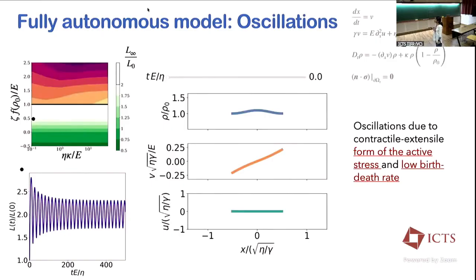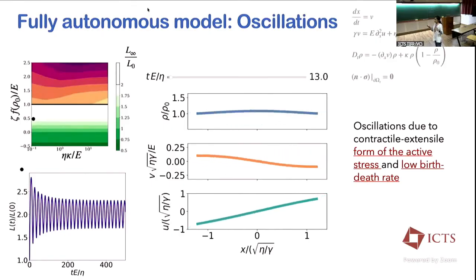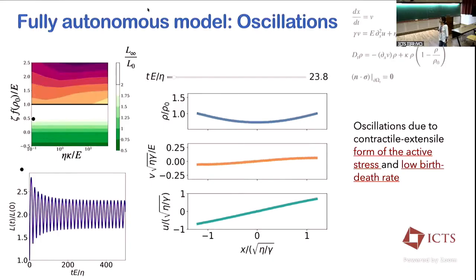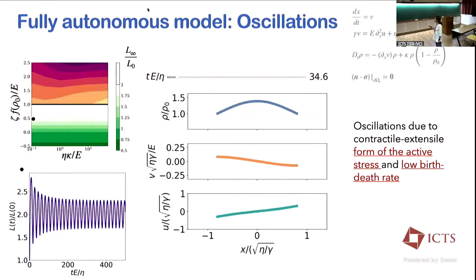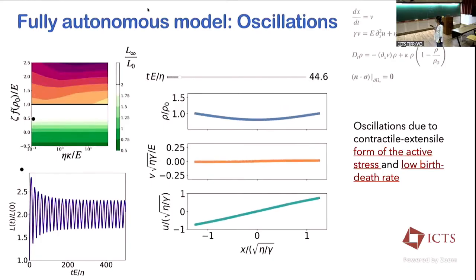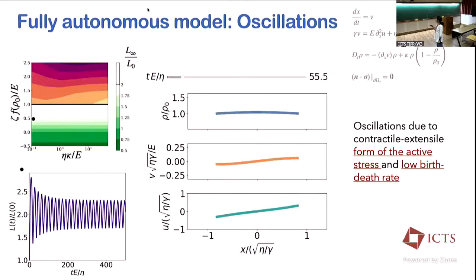And finally, the last thing about this model is that at low kappa, this starts showing tissue scale oscillations. And that essentially arises when you choose an active stress that has both a contractile and an extensile part, because you have both birth and death in the density equation.